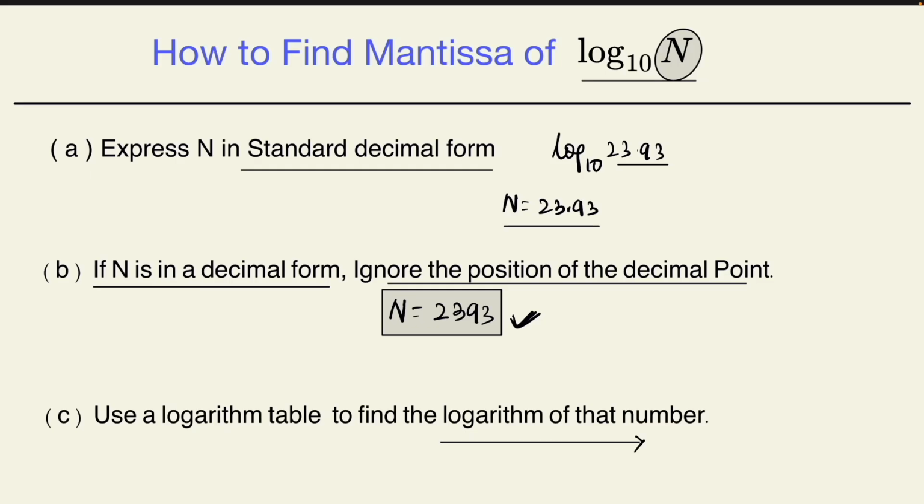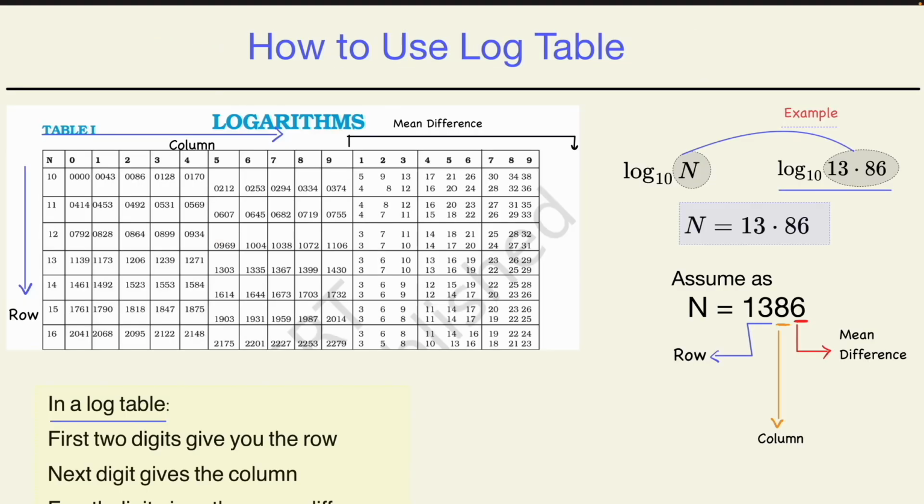So now we will understand how to use this log table. So let's look into that. Here this table that you see is called the log table. And in the log table we have to understand three things. First is the row, second is the column, and the third is the mean difference. So row is always in the vertical direction.